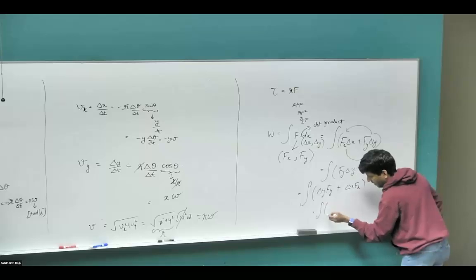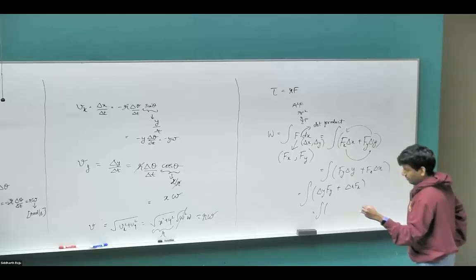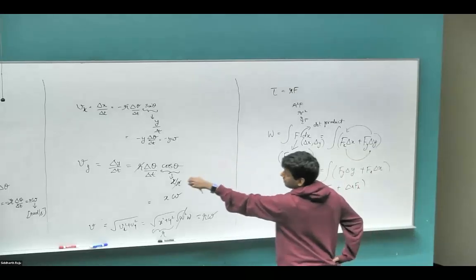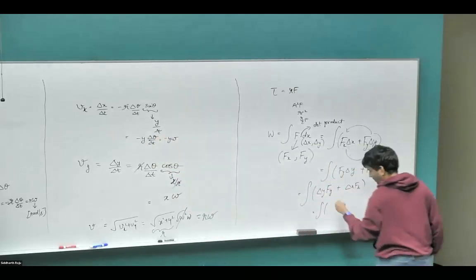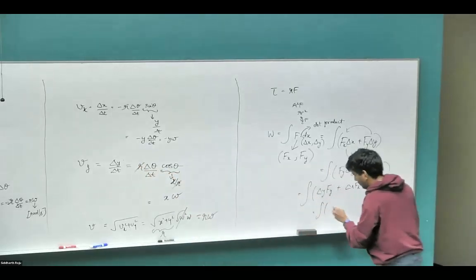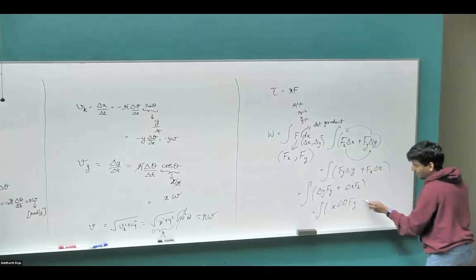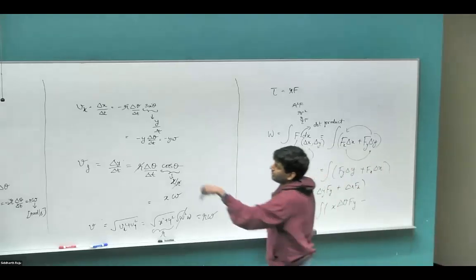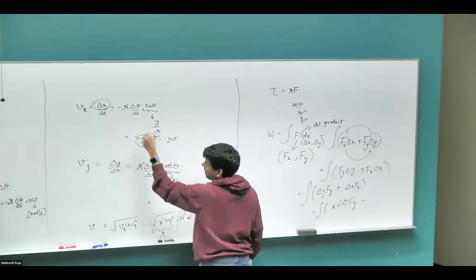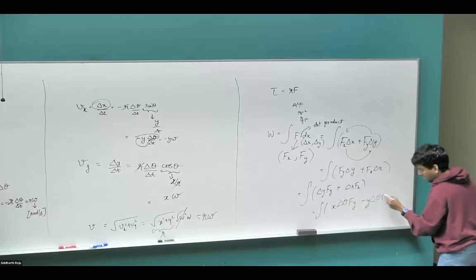So once I substitute for delta y, which was x times delta theta Fy, minus, and delta x was negative y delta theta, so delta t cancelled, so it's negative y delta theta Fx.